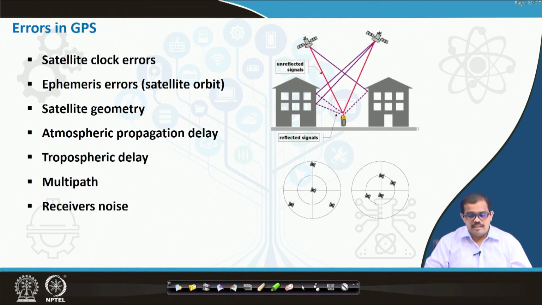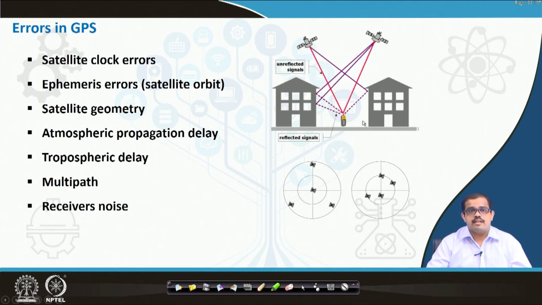Then the other one is the multipath, which you can see here. You have multipath signals that may arise because of entities on the Earth's surface. If there are 4 satellite signals available to you, 2 of them may be received directly by your receiver, but the other 2 take a multipath and have certain errors induced through these reflections before coming into the receiver.